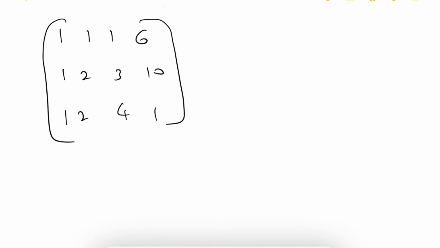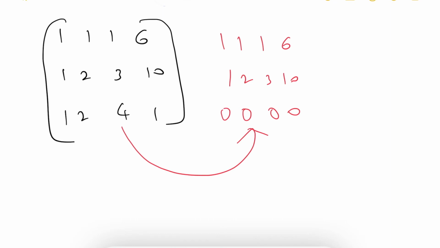So for that, what I will do first is try to get any one of the rows completely all zeros. For example, like this: 1 1 1 6, 1 2 3 10. Now the last row, right? The last row should be all zeros. I will try to make this matrix like this.